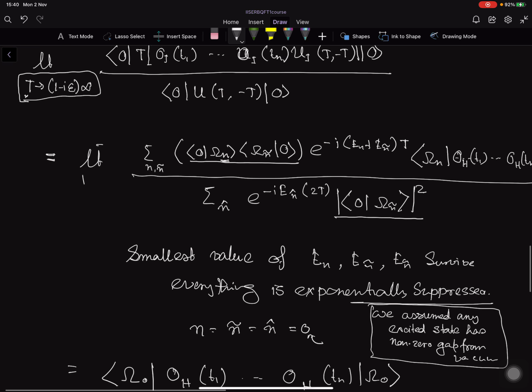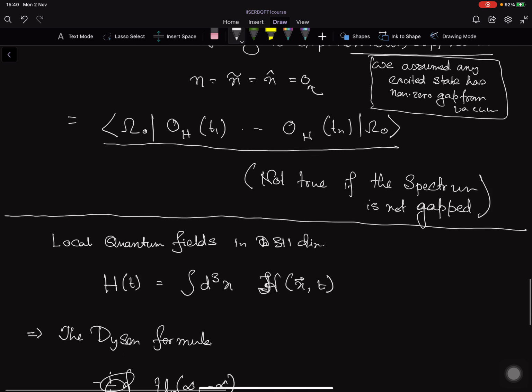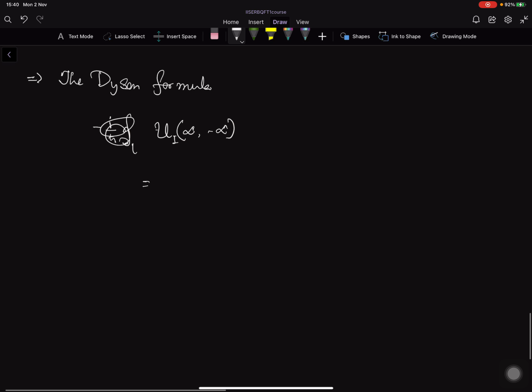We said here that t goes to infinity(1 minus i epsilon). So this quantity is the same as time ordered exponential of minus i over h bar integral from minus infinity to infinity of H_I(t) dt.